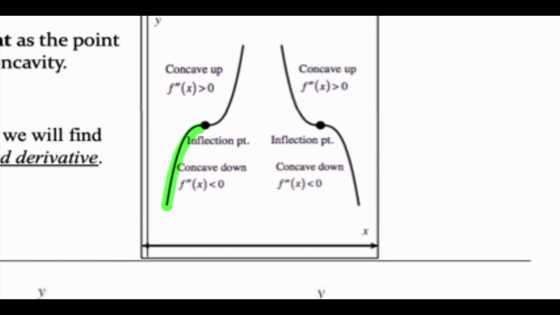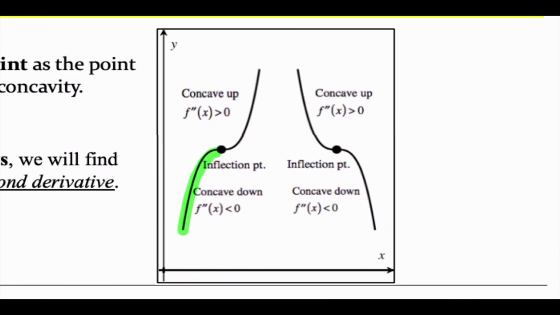That's what concave down is. So that part is concave down. And then after that dot, it's concave up, curved upwards, right? At that dot, that's where they switch. So we call that an inflection point. Anywhere where they switch concavity, it's called an inflection point.